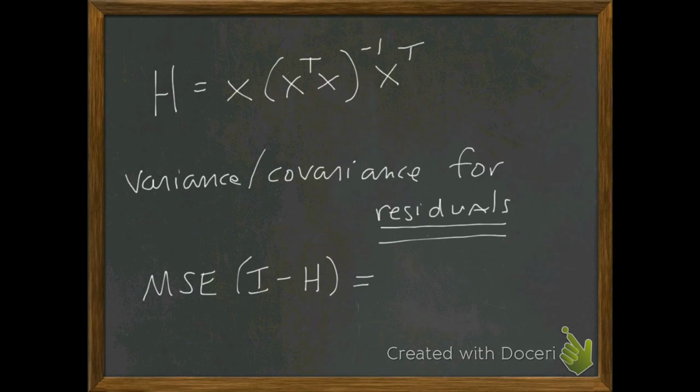And again, this is the variance covariance for our residuals. Now, again, don't confuse this with the beta matrix. By the way, guys, I did this in a video kind of in passing.